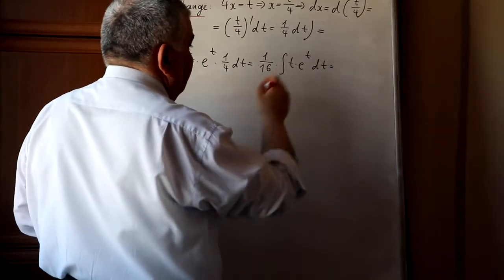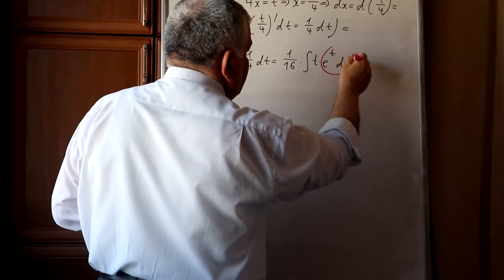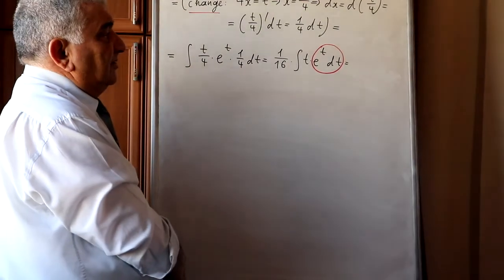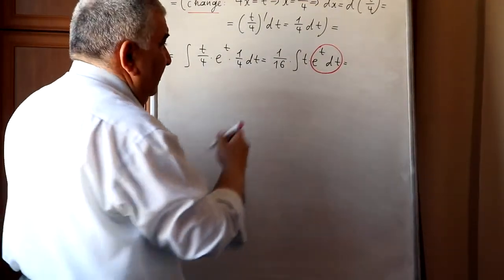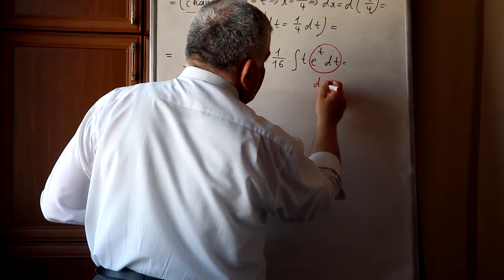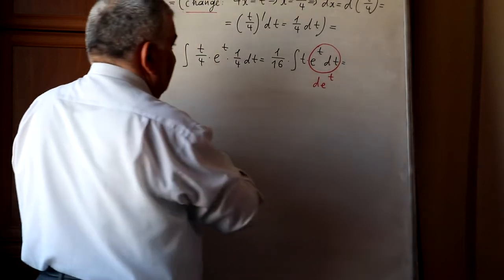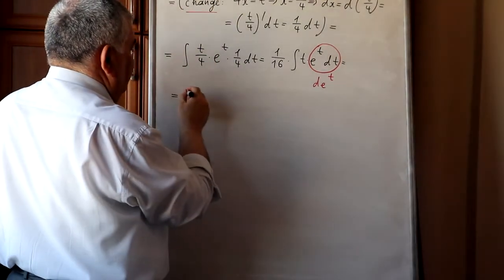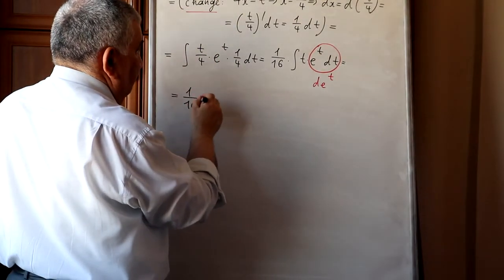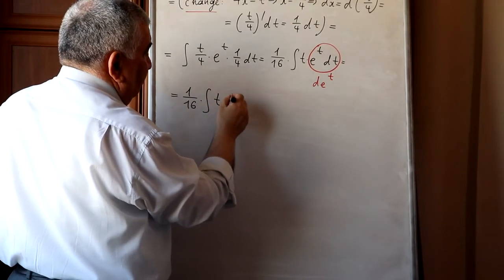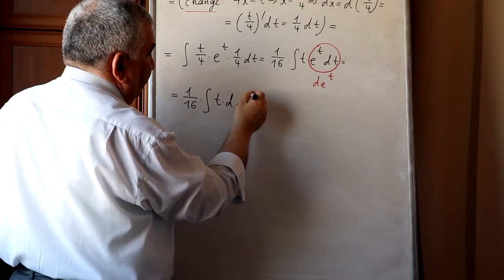You know that the expression e to t multiplied by dt is equal to d of e to t according to the anti-differential table. We have 1/16 multiplied by integral t multiplied by d of e to t.